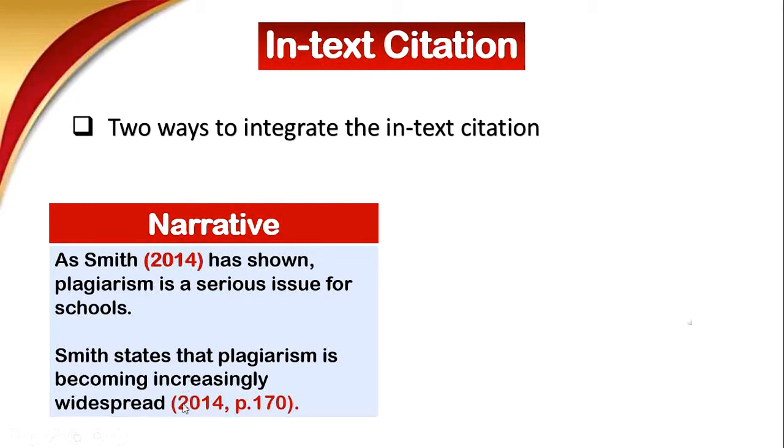In the second example, you see it can be at the end of the sentence, just before the period or the full stop. Smith states that plagiarism is becoming increasingly widespread. So here you see the publication year, then a comma, then the page number.